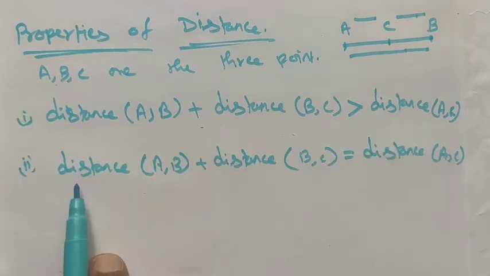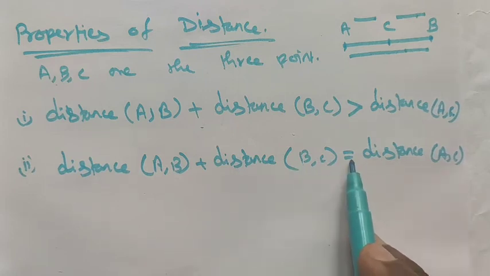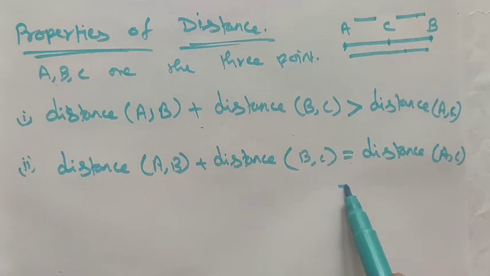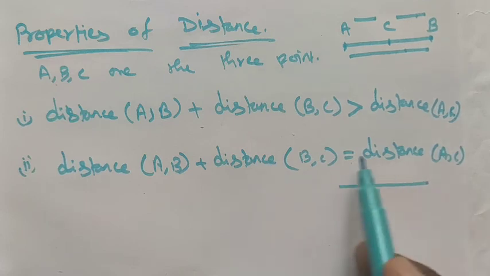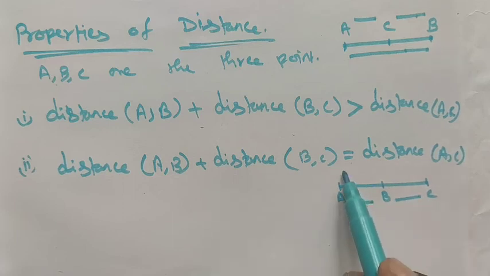See the second property: the distance of AB plus distance of BC is equal to the distance of AC, which means the position of the points is like this. All the points lie in the same straight line, this is the point A, this is the point B, and this is the point C. The distance of AB plus distance of BC is equal to the distance of AC.